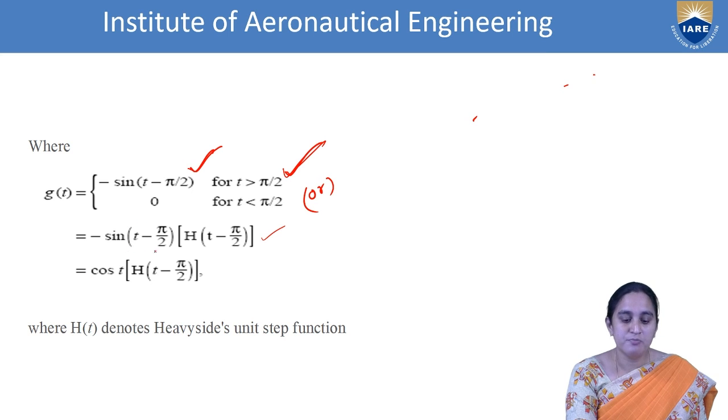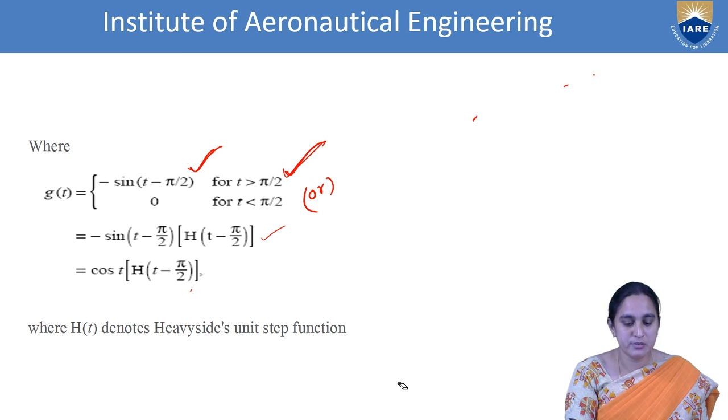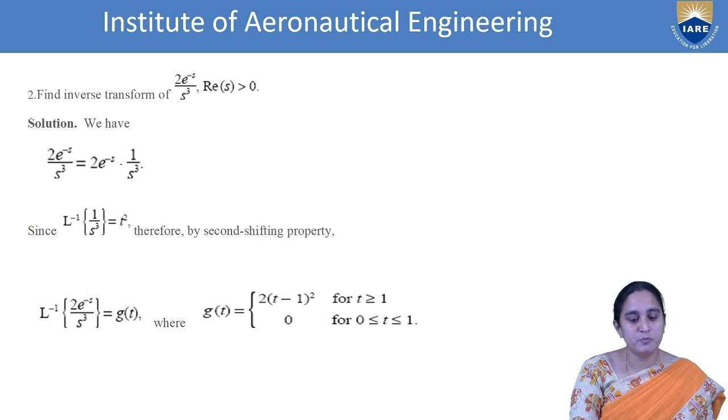Sine of minus theta is minus sine theta, but here sine of minus pi by 2 is minus cos t, and minus into minus is plus, so cos t into h of t minus pi by 2, where h of t denotes the Heaviside unit step function. This is the first question on the second shifting property. Next, I'll explain one more question.